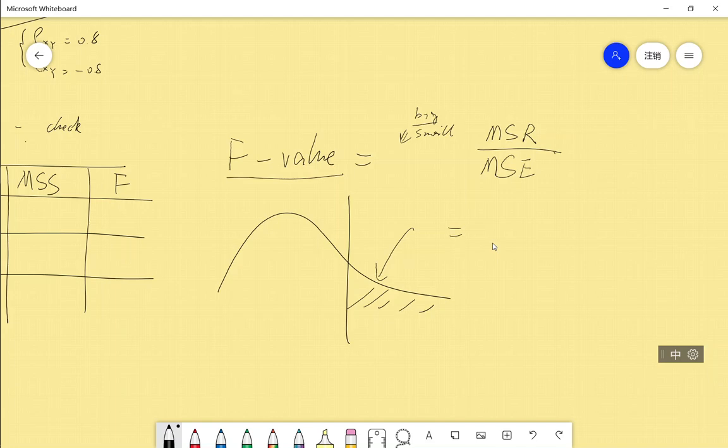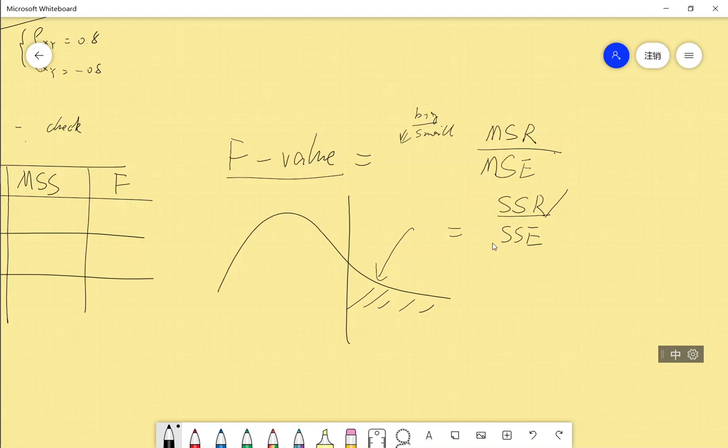And of course, if you are not given MSR and MSE directly, you can calculate them. You have the sum of squares of regression, SSR, and you have the SSE here, and you need to calculate the means. How do you calculate the mean of SSR? When it comes to regression, the very important quantity we need to consider is the number of variables.